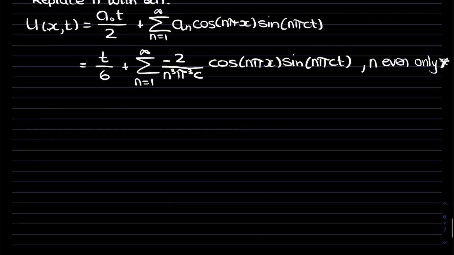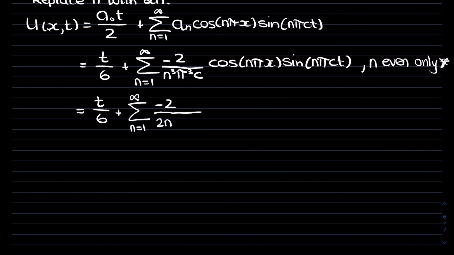But we can also write it this way. So we'll say t over 6 plus the sum of n equals 1 to infinity. We're going to get minus 2, and we're going to just plug the 2 in with the n.